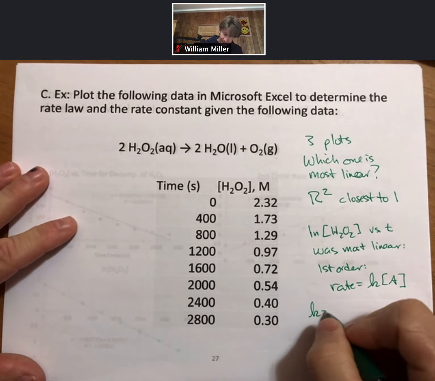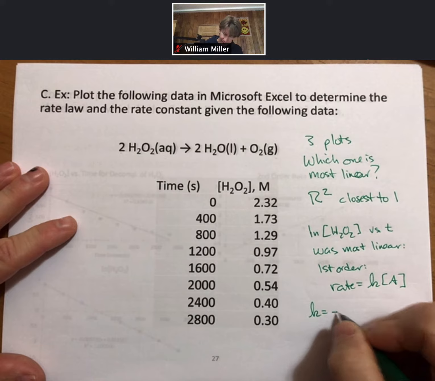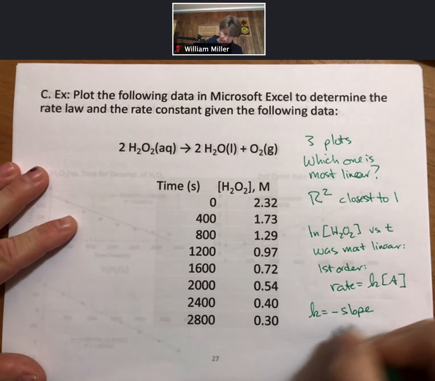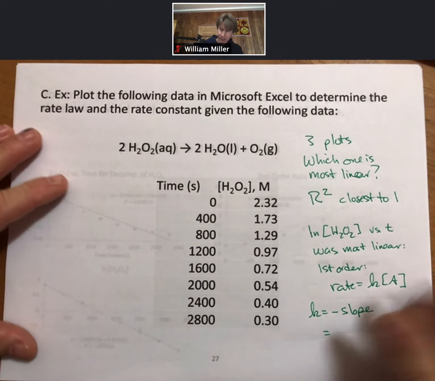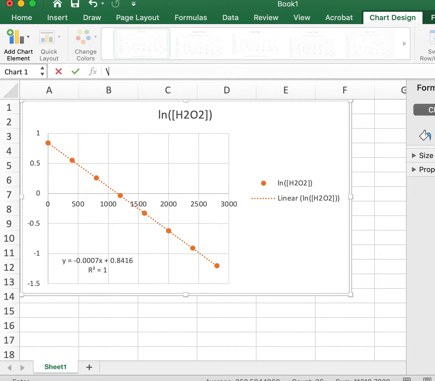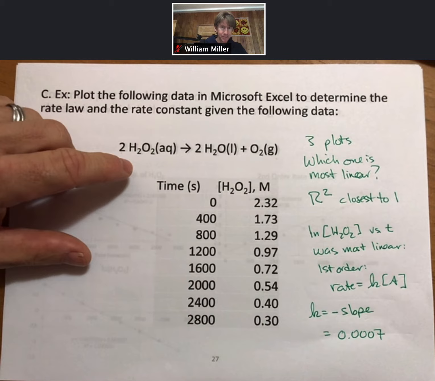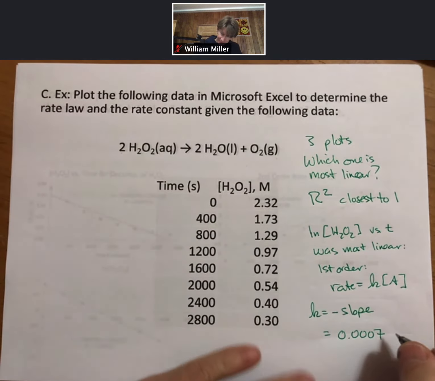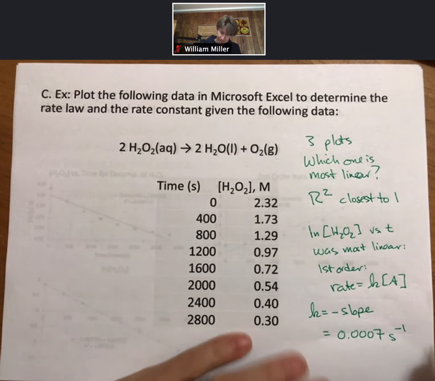And k equals the negative of the slope, which equals, let's go back, we'll take away the minus sign, 0.0007. And the time was in seconds, so that's going to be seconds to the minus 1.